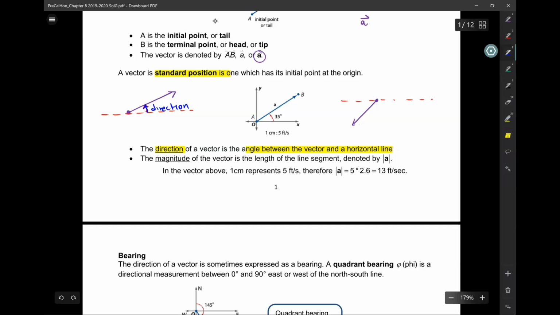And then you measure from that, and that is the angle. Okay, so instead of saying it's pointing downward and to the left, I could just say it has a measure of 215 degrees, and I know exactly where it points, or it has a direction.